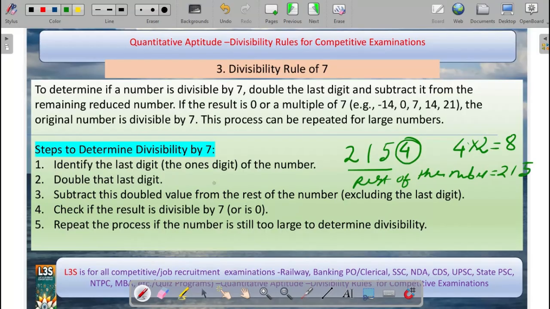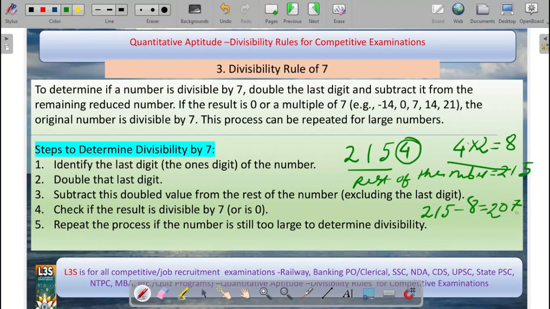Now we have to do what? Subtract this double value. The double of the last digit 4 is 8, and the rest of the number is 215. So here 215 minus 8 will be equal to 207.